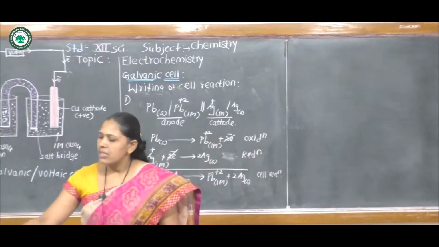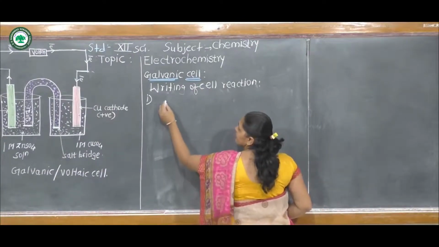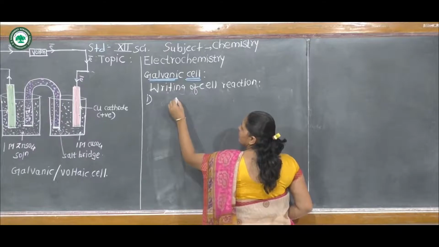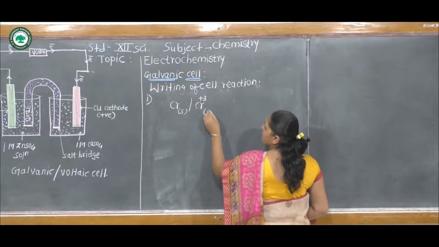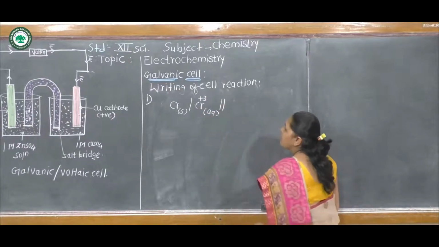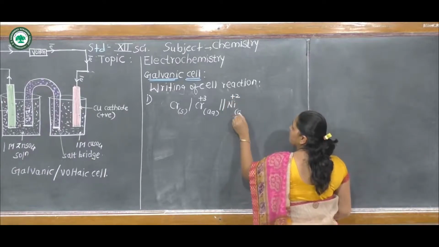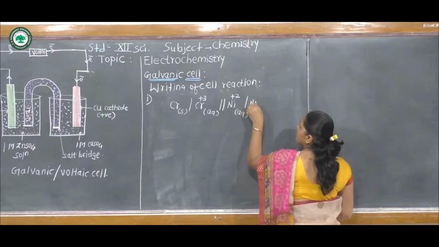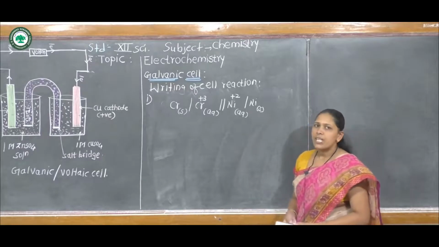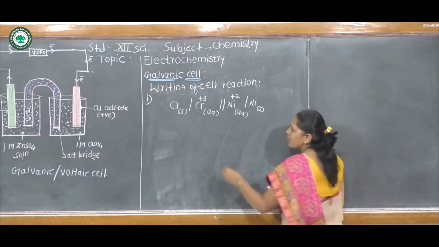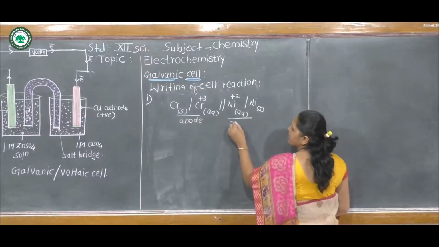In third example, chromium electrode, chromium plus 3 ion in aqueous state, double vertical line, and nickel electrode, nickel plus 2, nickel solid. For this galvanic cell we have to write cell reaction. Chromium electrode acts as anode and nickel electrode acts as a cathode.